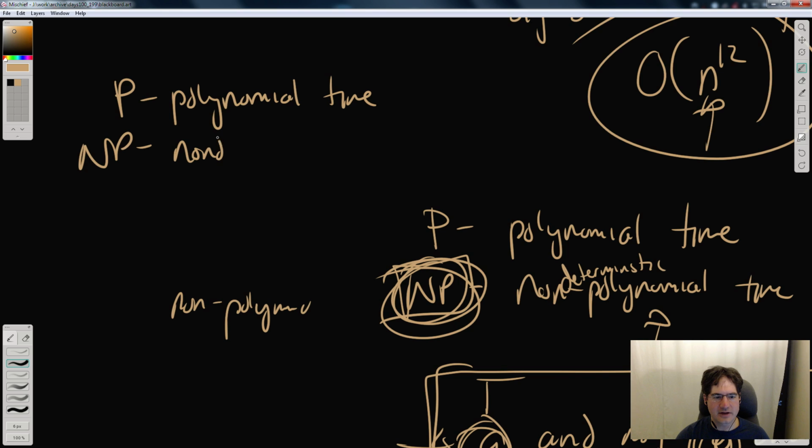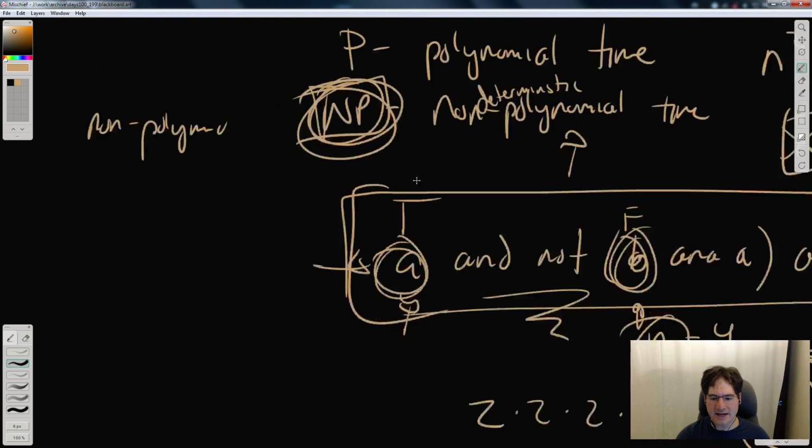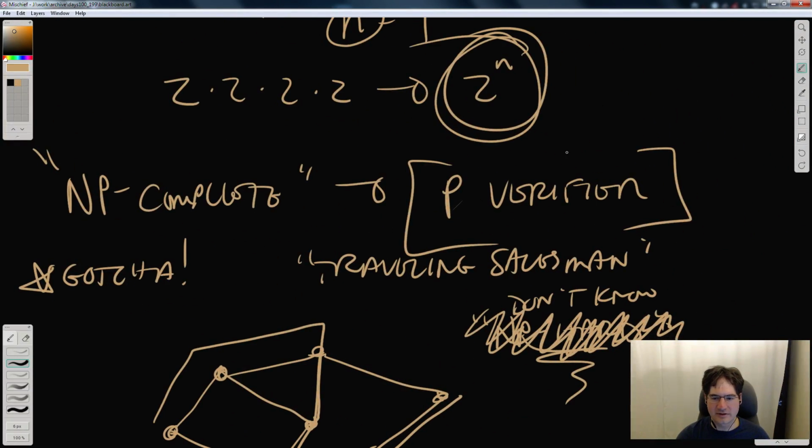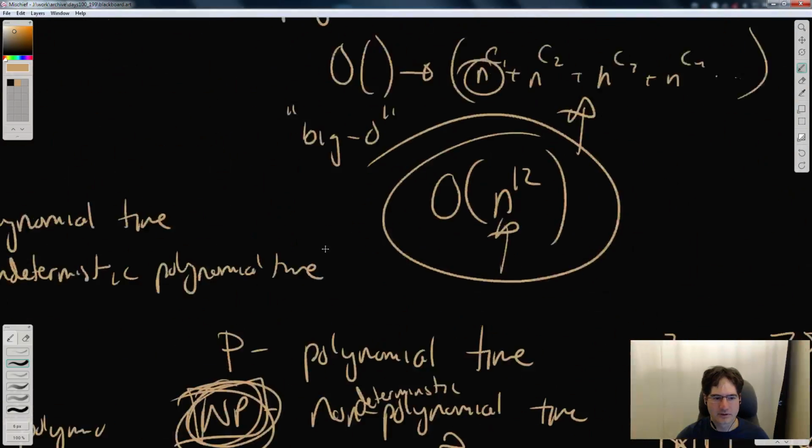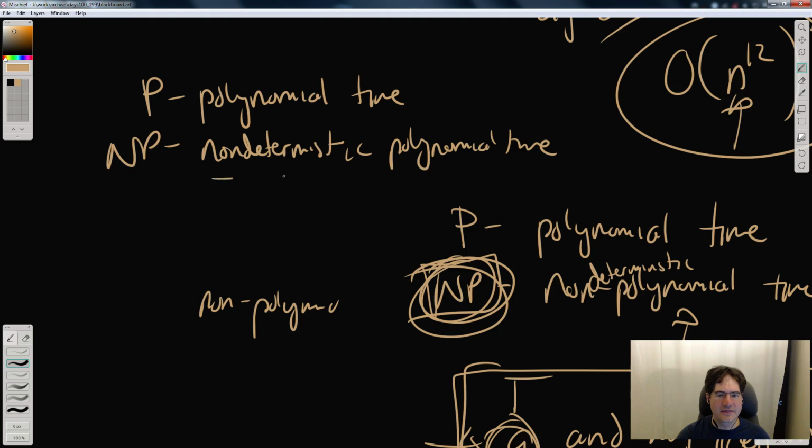NP is non-deterministic polynomial. And that is what I explained here, which is saying that it has the P verifier, I guess. Well, that just says we don't know. I guess let's leave it at that. That just says we don't know if it's in here or not, right?